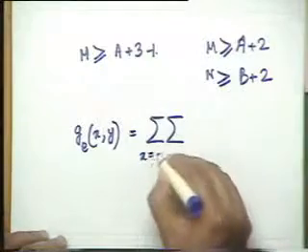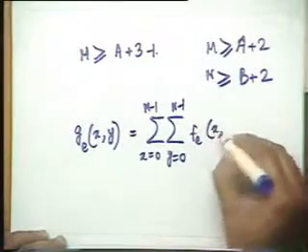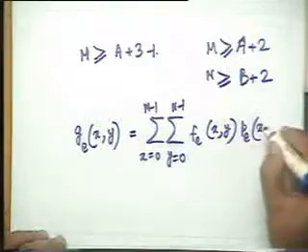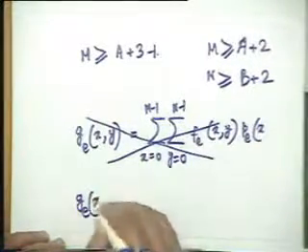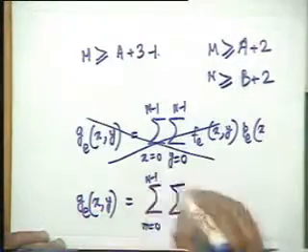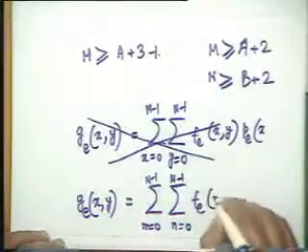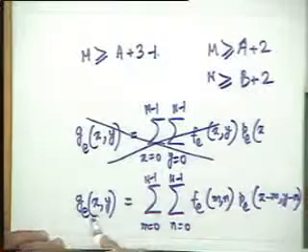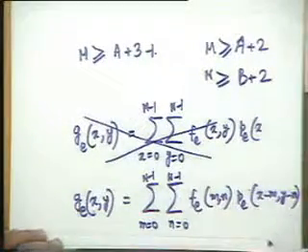I think we have to use another variable, so let us do it this way. ge(x,y), actually speaking, should be written as a double summation, m is equal to 0 to M minus 1, then n is equal to 0 to N minus 1, then fe(m,n) and pe(x minus m, y minus n), because this x,y are the same as the ge(x,y).